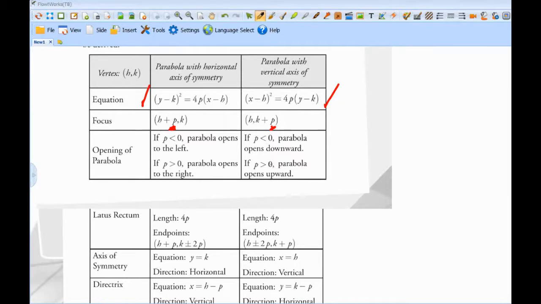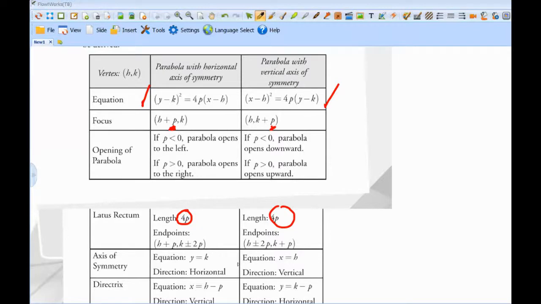Okay? So the latus rectum, the length of the opening of the parabola, is 4p. The length is 4p. And the endpoints should be h plus p, k plus or minus 2p.